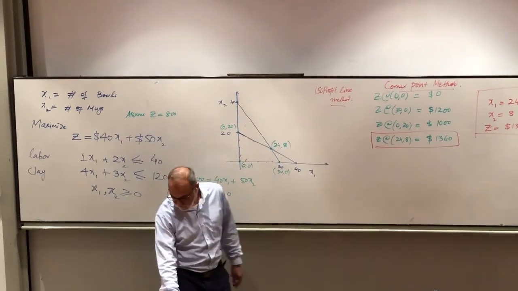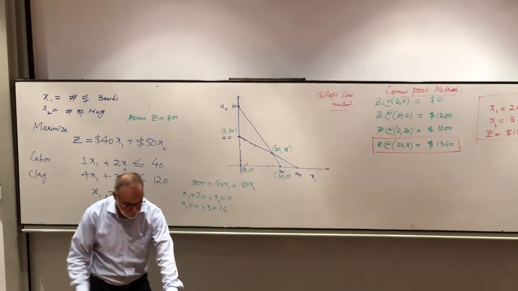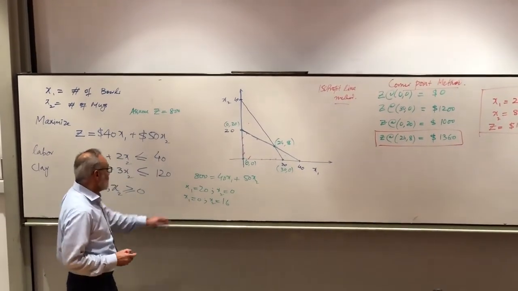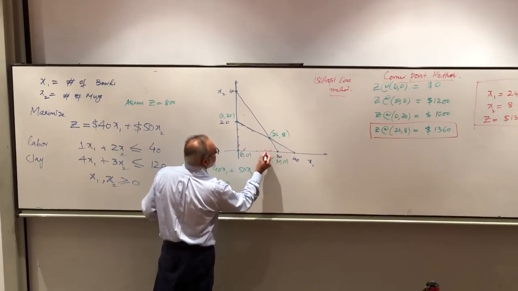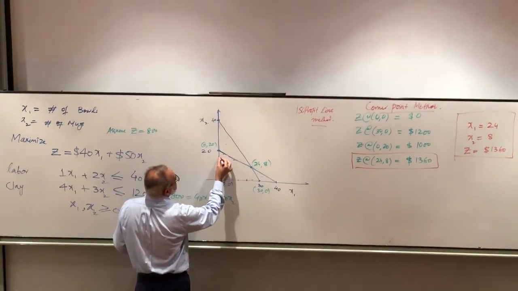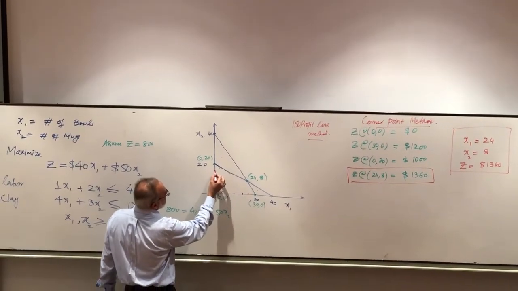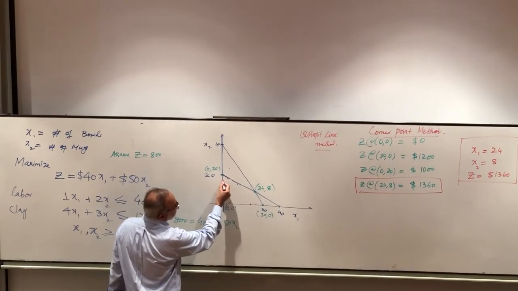I will maybe use red color. These are the points: this is 20 here, and this is about 16 here. We join these two points.